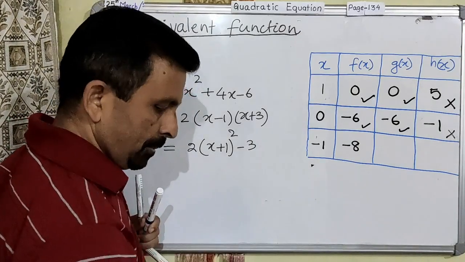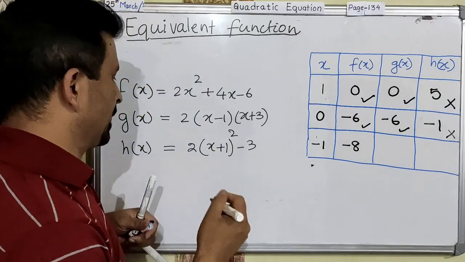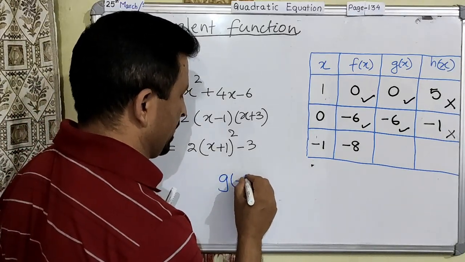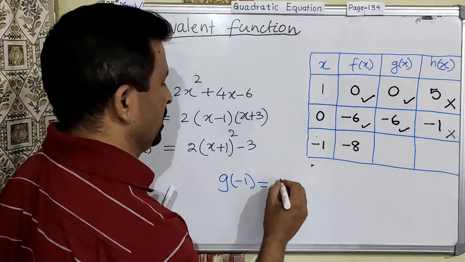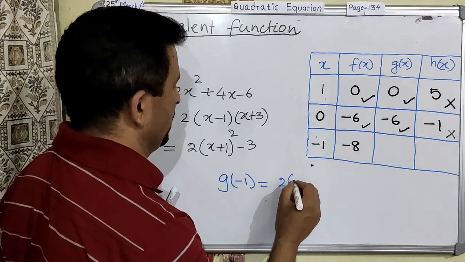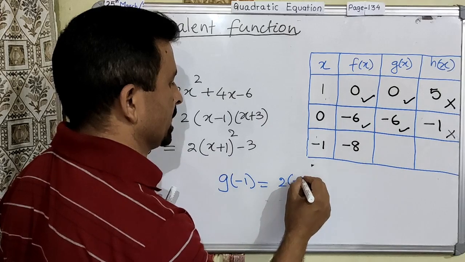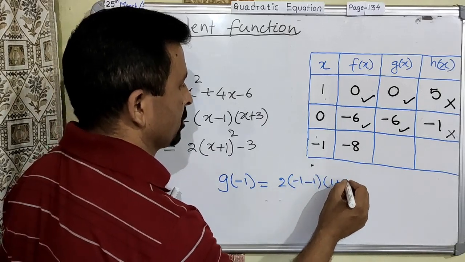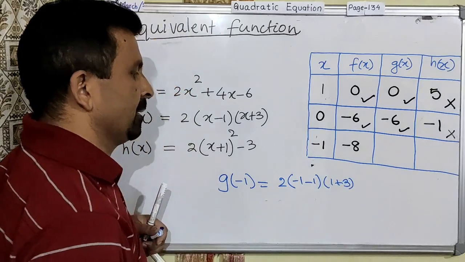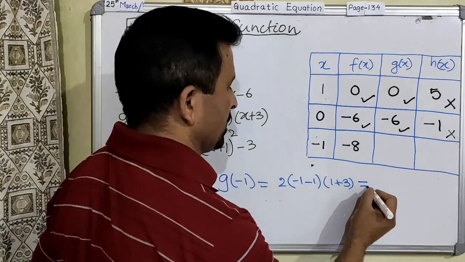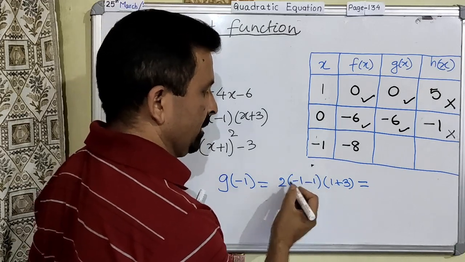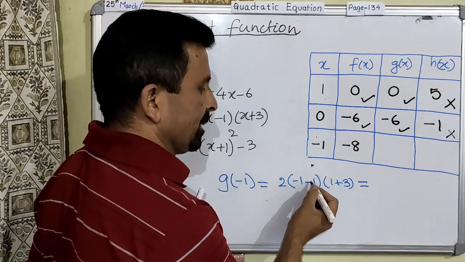Factored form is g(x), and for x we are going to take minus 1. g(minus 1) is equal to 2 into (minus 1 minus 1) into (minus 1 plus 3). Is it alright? Now when you simplify, see what you get. Minus 1 minus 1 is minus 2. Clear? Minus 2. Don't say plus 2.